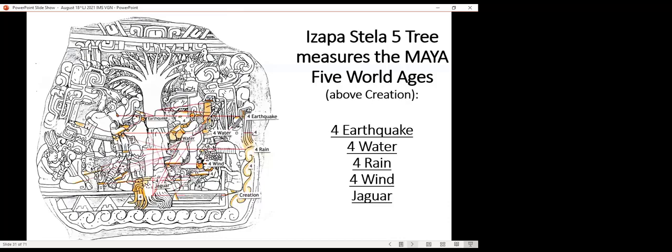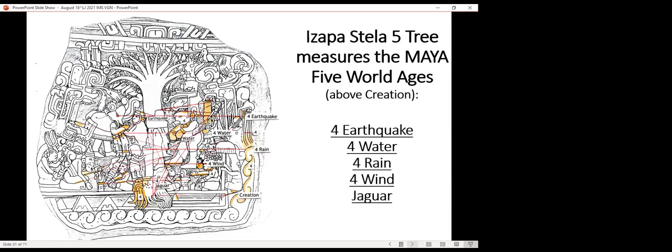The Zapotec Stela 5 tree measures the Maya 5 world ages again. 4 Earthquake, 4 Water, 4 Rain, 4 Wind, Jaguar are the names. Now we're looking at the history tree. The Tree of Life, World History Tree, is the same in the Mesoamerican world.